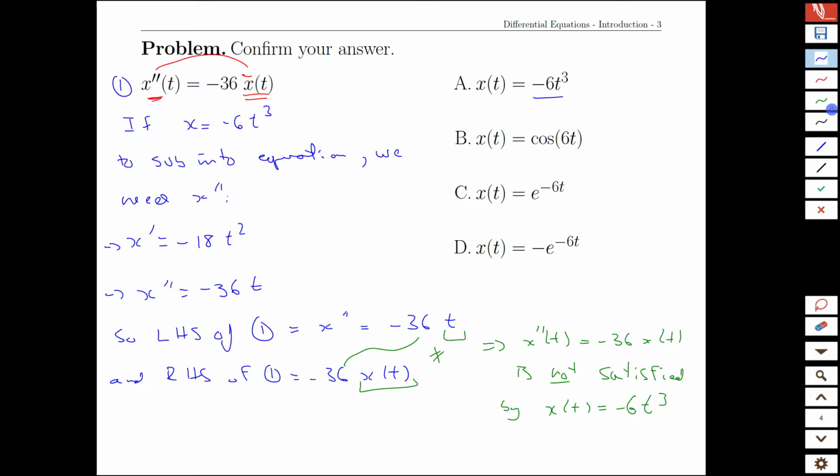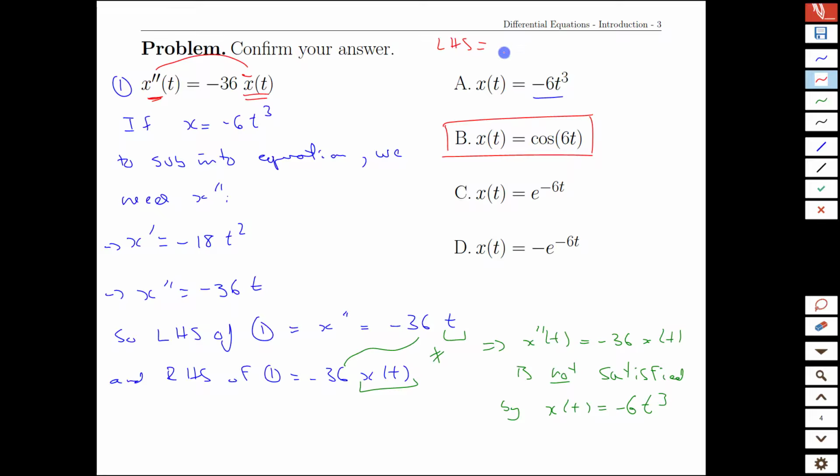Just for your own reference, the correct solution to this differential equation is actually b. If you try to substitute in x equals cos of 6t into the left-hand side, we've done enough derivatives of cosines earlier in this course to recognize the derivative is negative sine times 6.